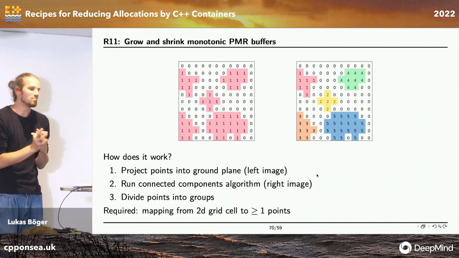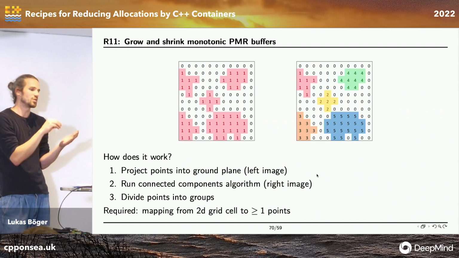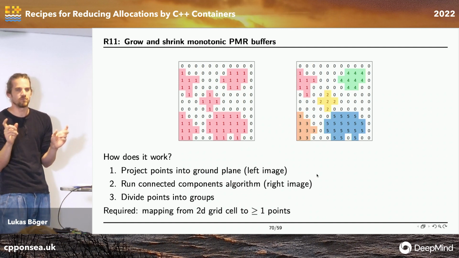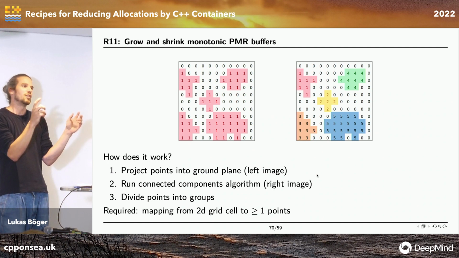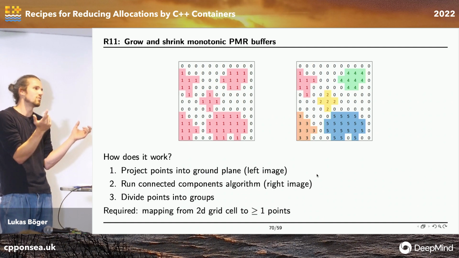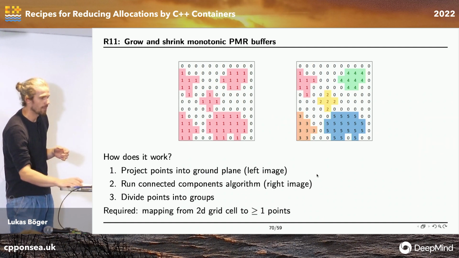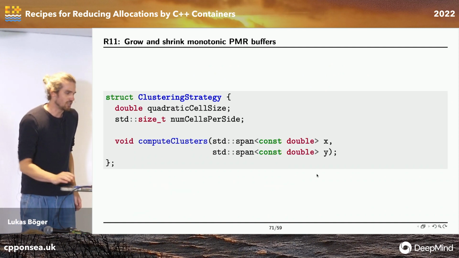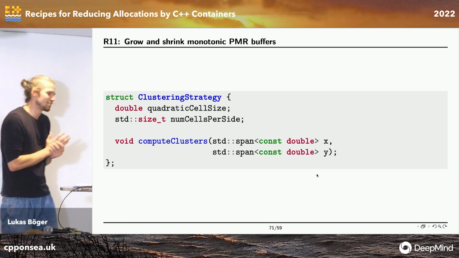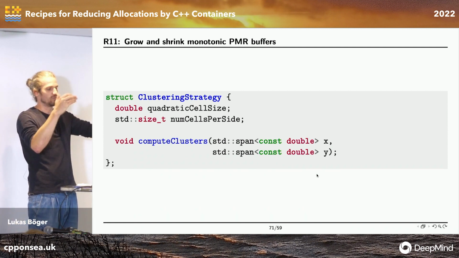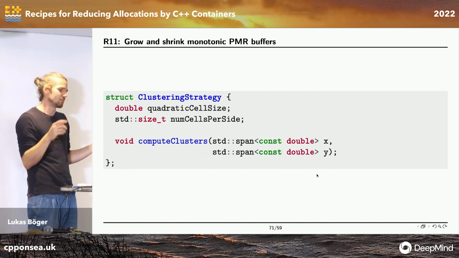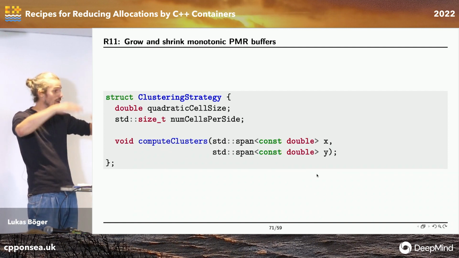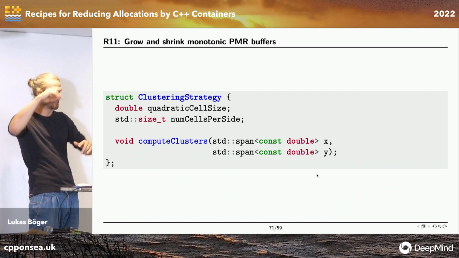Now what I need is a mapping from a 2D grid cell index to one or more points. It can be quite sparse, so std unordered map is a good first shot, really. And this will be our clustering strategy class. I try to keep it as simple as possible, so we would call it compute clusters, taking X and Y coordinates. In this case, as we project everything into the ground plane, we don't care about the height, right?